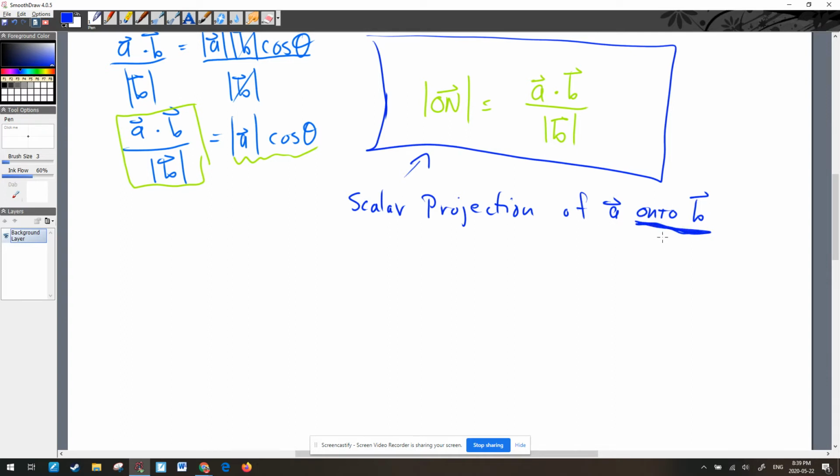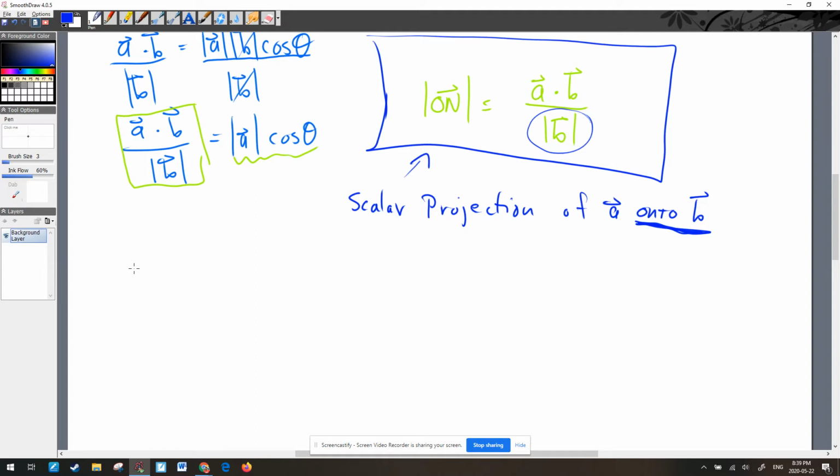It's on vector B, right? So A dotted with B onto vector B. So for me, that provides a really easy way to remember this, okay?